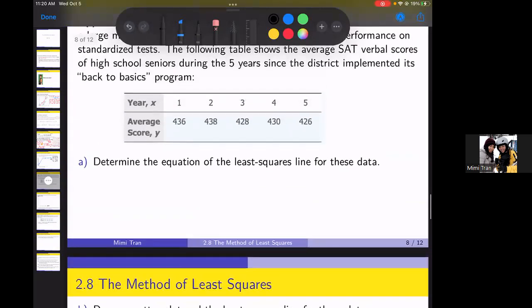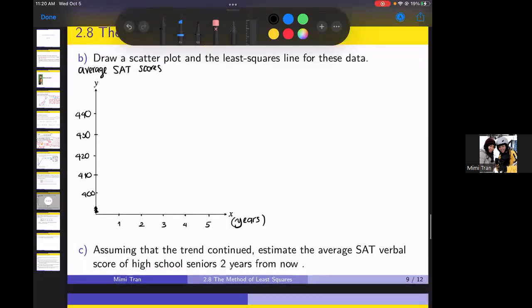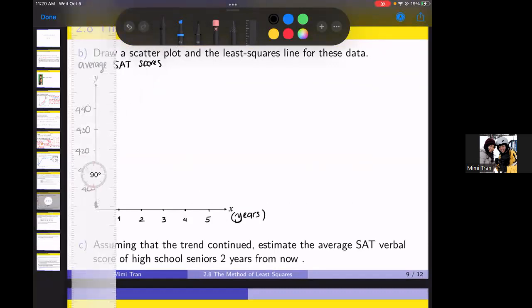I start from 400, so I'm going to do a little zigzag at the bottom here to tell you that I'm skipping from 100 to 400. So start at 400 here, 410, 420, 430, 440. Year 1, 436, roughly here.